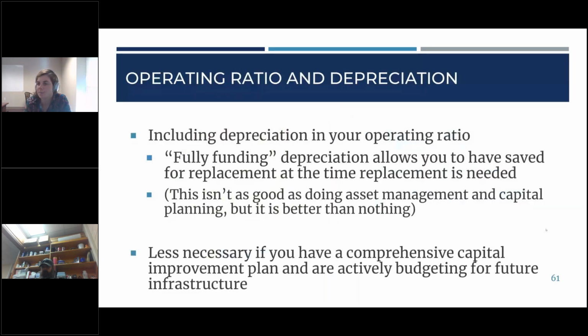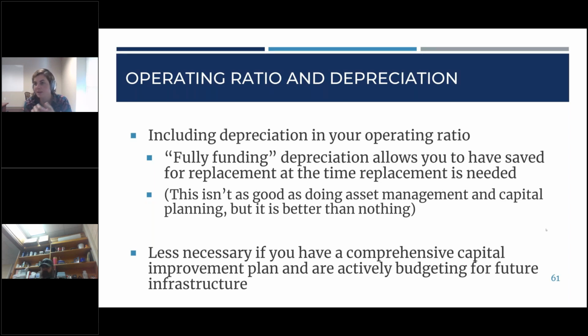Whenever we're talking about operating ratio and depreciation, as I mentioned earlier, we recommend including depreciation in your operating ratio. We call it fully funding depreciation. That's when you include the full depreciation cost in your operating ratio. It allows you to have saved money for replacement of assets when replacement is needed.